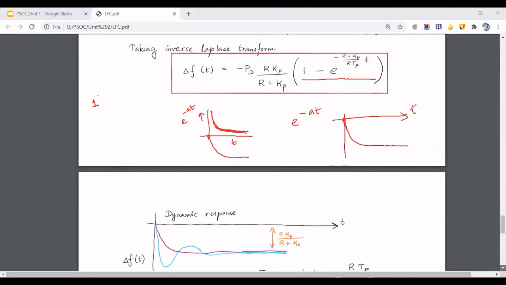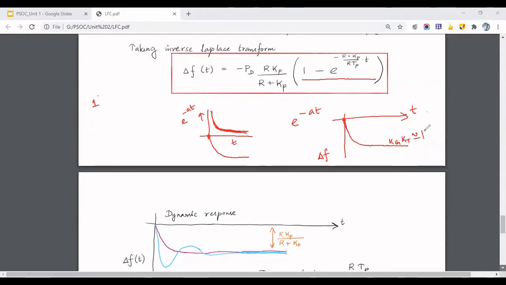graph. So here I have time, and here we have delta f. So delta f of t is going to be an exponentially decaying curve. Though it's 1 minus, it's again going to exponentially reduce. And this curve is drawn considering Kg Kt to be approximately equal to 1.